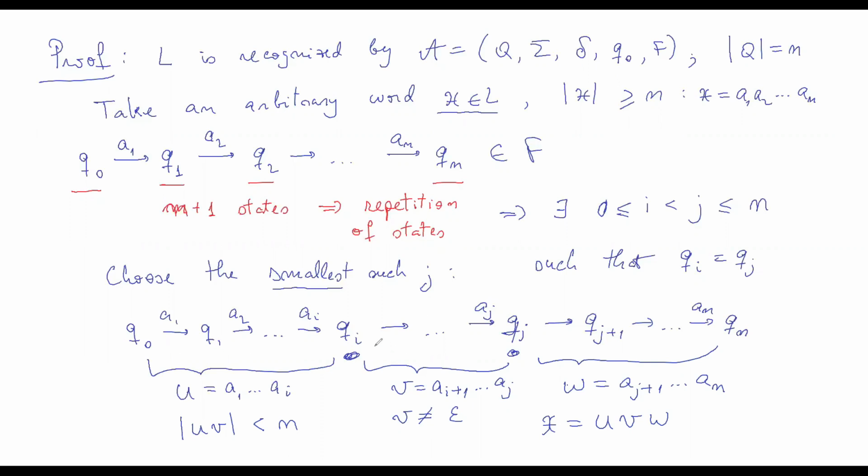So for example, I could skip over this cycle, meaning I don't have to calculate the word V. From QI, I could jump all the way to QJ plus 1, because really QI and QJ are exactly the same. So let me make this point to you here. My computation now looks like this.